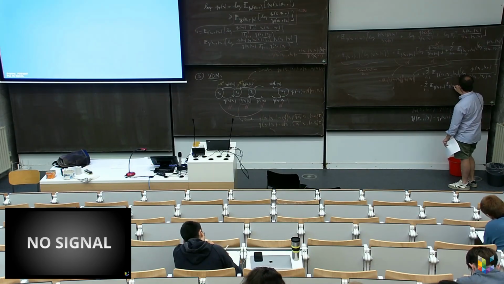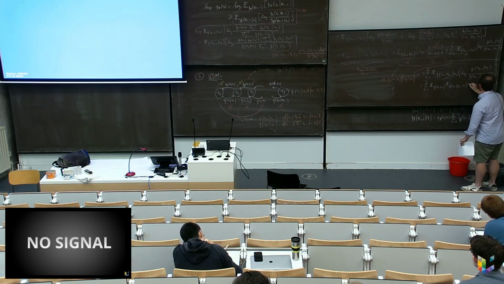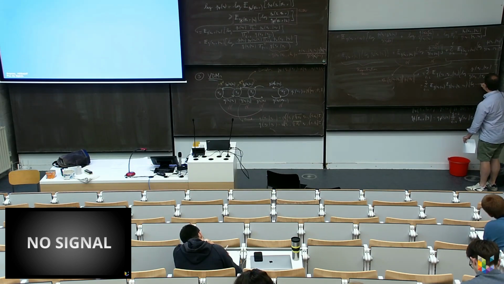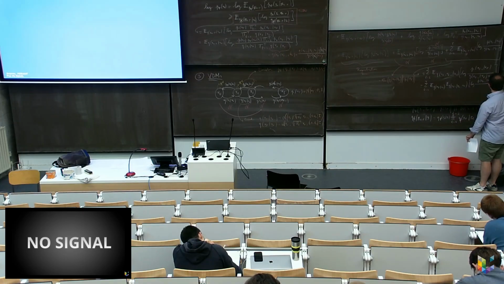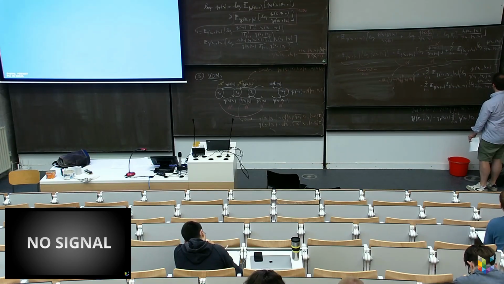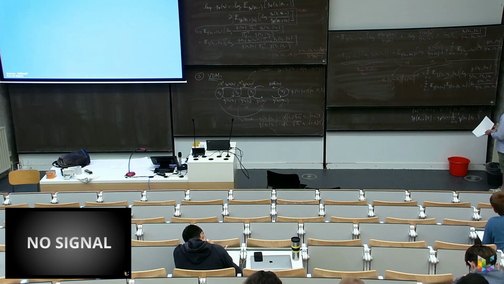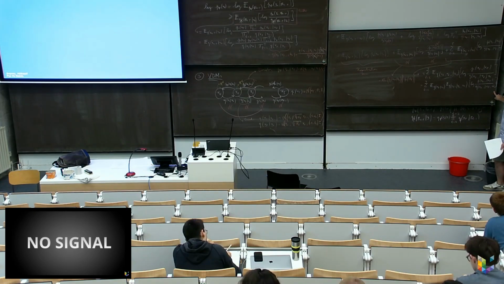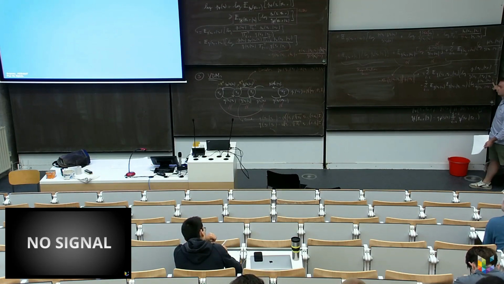Q of xt minus 1 given xt and x0 of log of these things. And you should recognize that this thing now is also a KL divergence term between this and that.